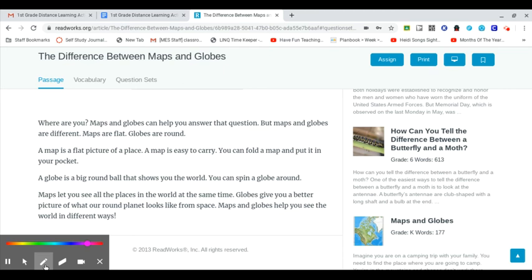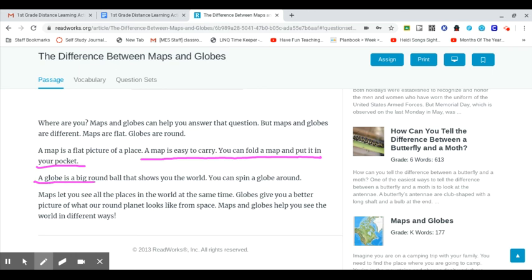So right here, it says a map is easy to carry. You can fold a map and put it in your pocket. So you can do that with a map, but can you do that with a globe? No, we can't fold a globe up and put it in our pocket. And then down here it says a globe is a big round ball that shows you the world. You can spin a globe around.